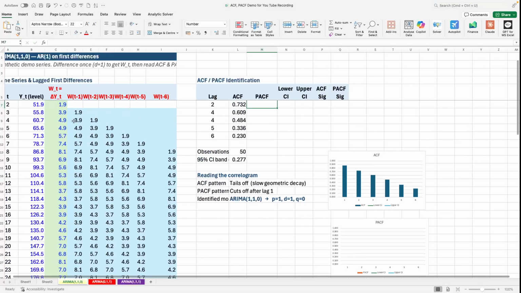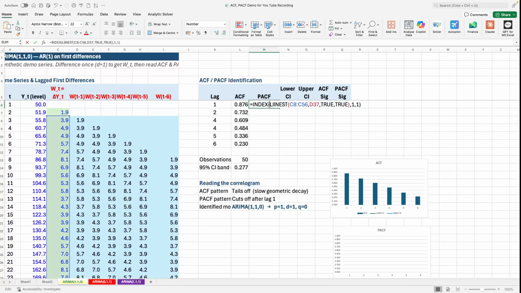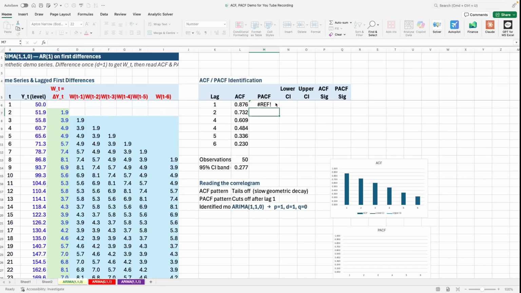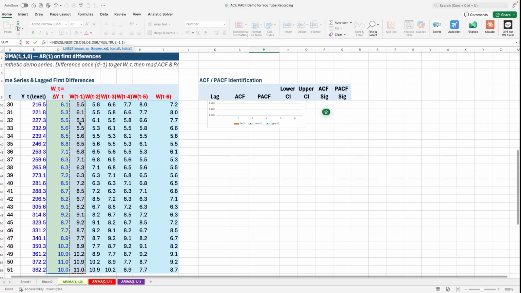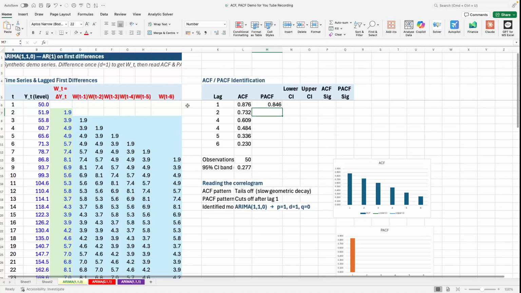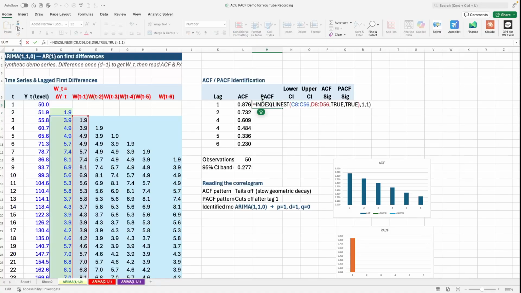So we will calculate what is called the partial autocorrelation. INDEX LINEST, I put an extra one. That's it. And so you got what is called a partial autocorrelation.